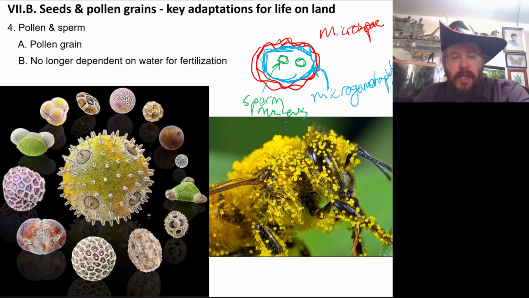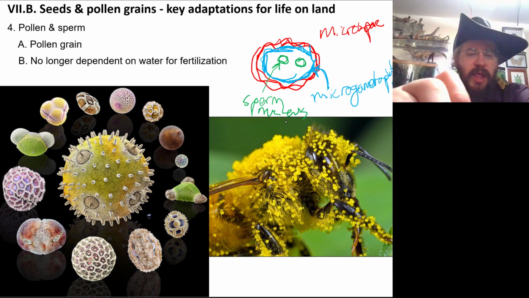So, not too terrible. So it's all within there. The microgametophyte and the microspore make up the pollen grain wall.